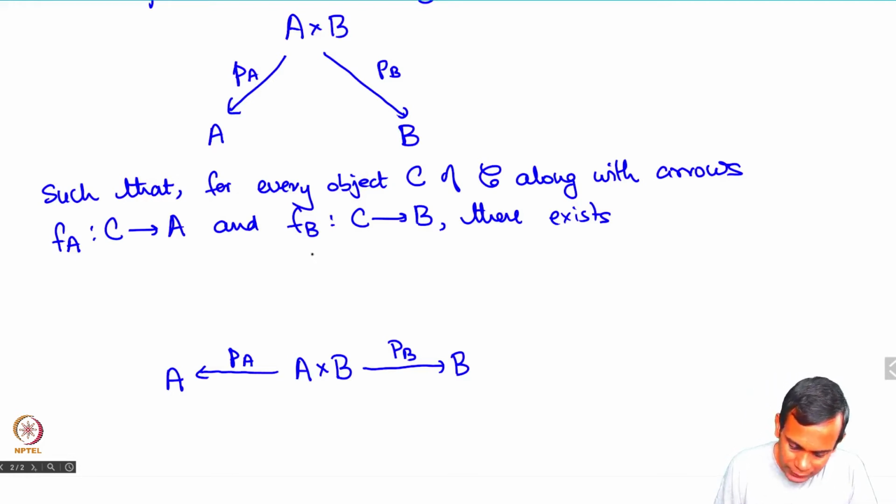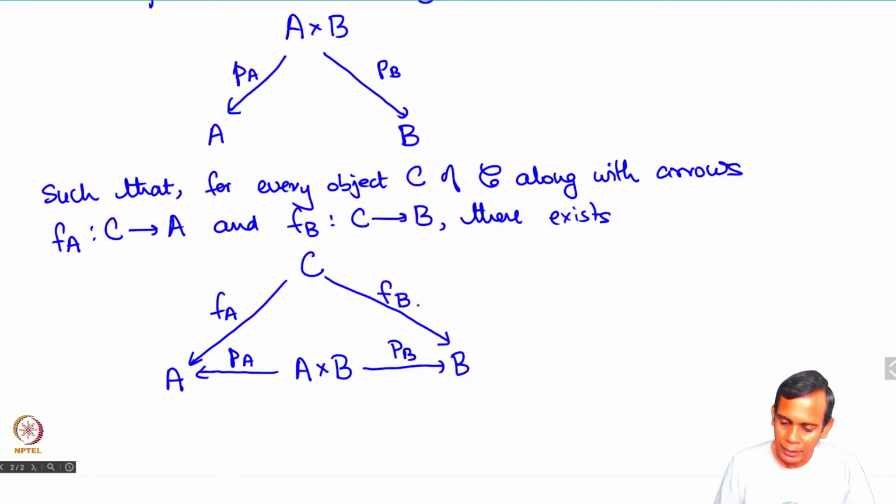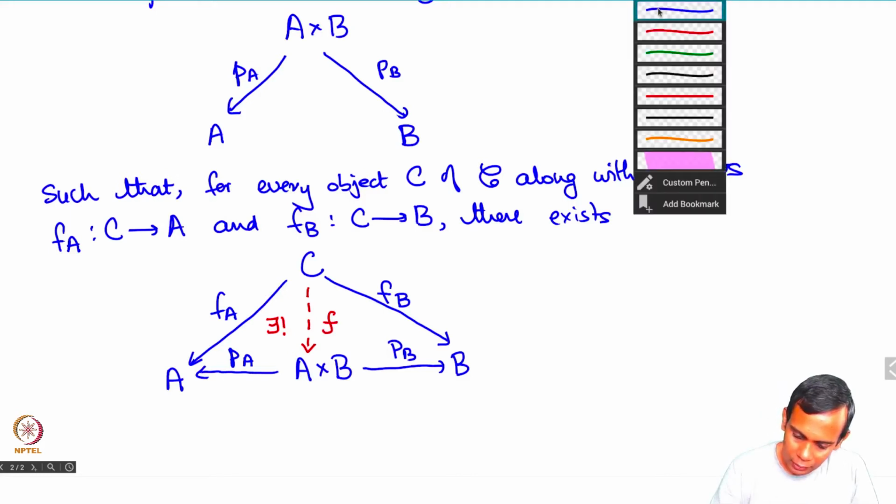And we have this object C, and we are given functions f subscript A from C to A and f subscript B from C to B. And what we want to say is that there exists a unique function f from C to A cross B. So let me write it out explicitly.